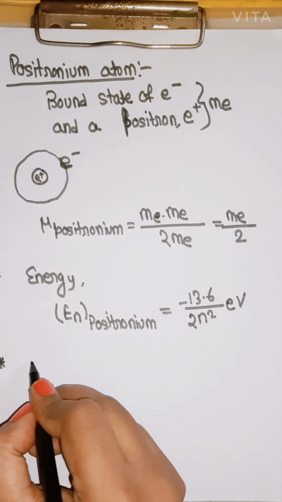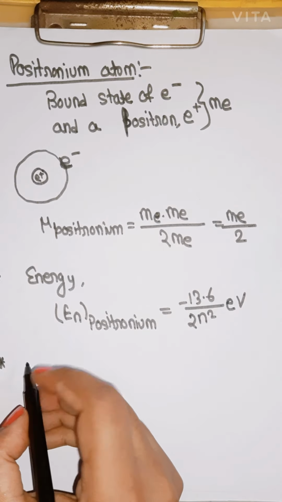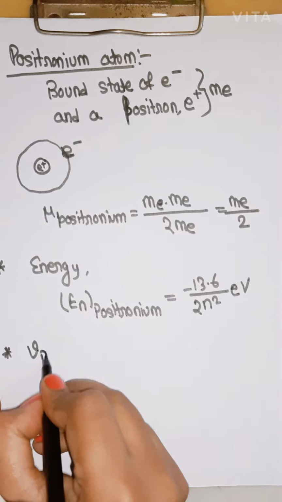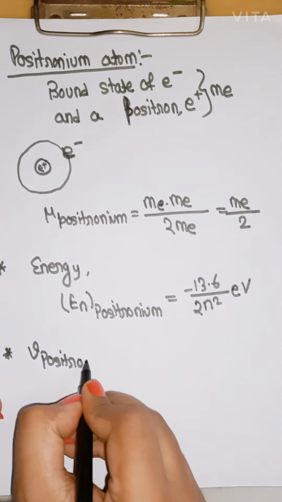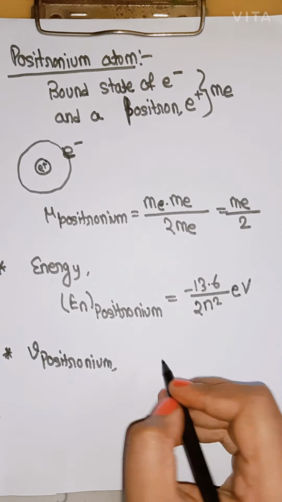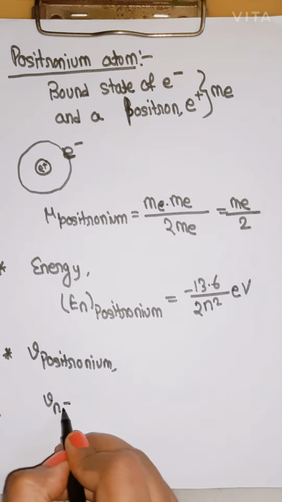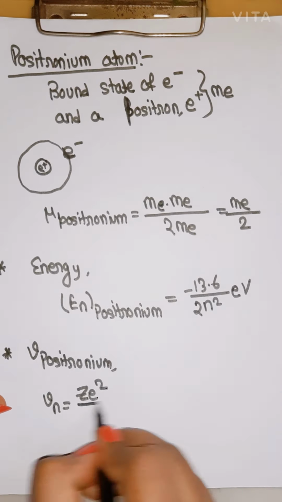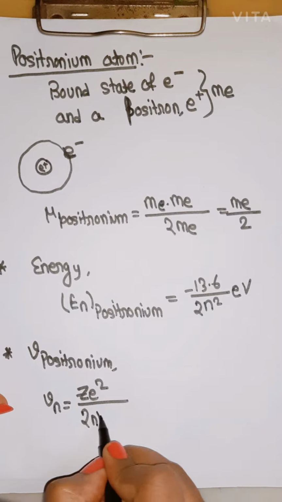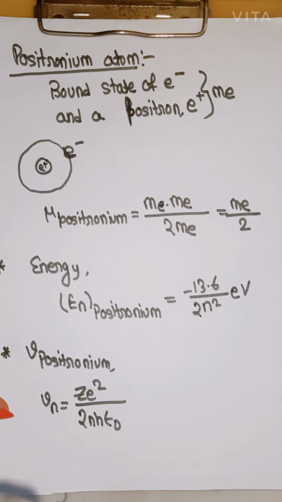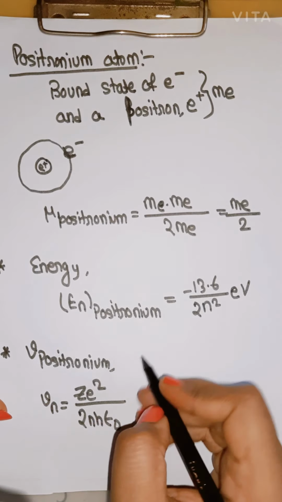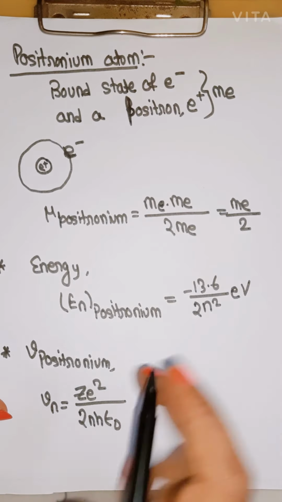And if we calculate the speed of the electron in positronium, as we know Vn is equal to Ze square by twice n h epsilon naught. Here we can see that it does not depend on the mass, or say here the reduced mass.